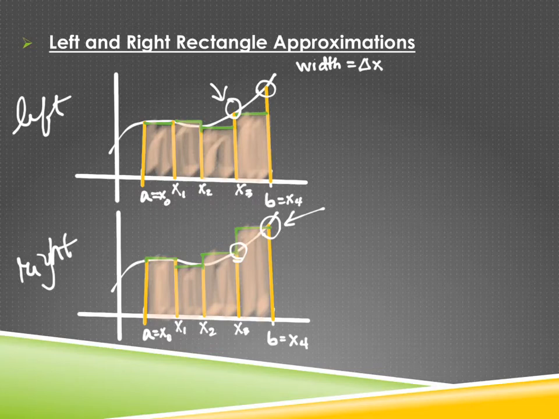Let's look at the very first picture, the left-hand rectangles. As you're looking at that very first left-hand rectangle, if we use the left-hand side of it, so I'm thinking about this piece right here, and I need to know what the height is of the rectangle at that location. That's actually a y value for the curve.